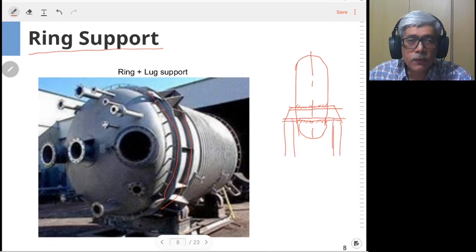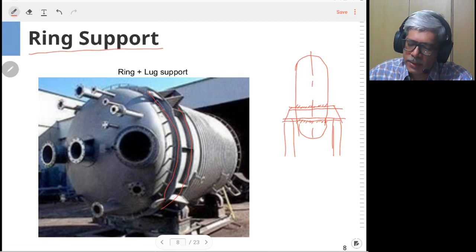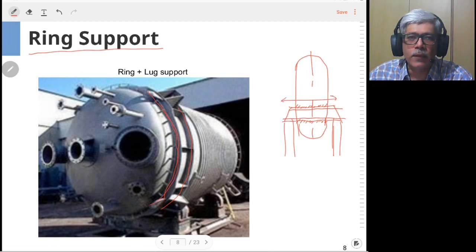The main advantage of the ring support is that the load is distributed over the entire circumference of the vessel. As a result, the implications of additional stresses which get added to the pressure stresses are less severe in the case of ring supports.